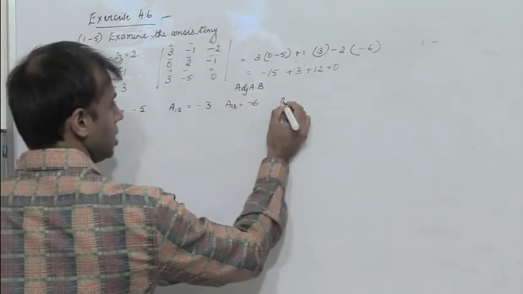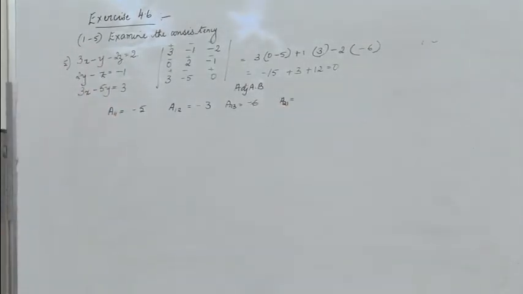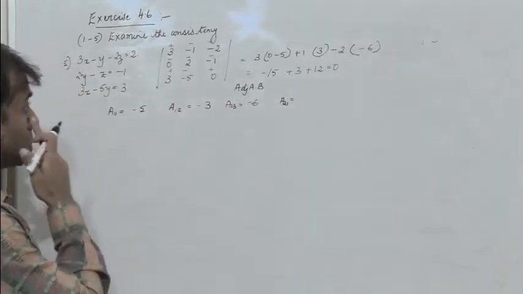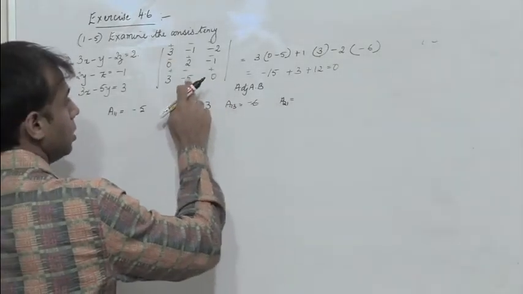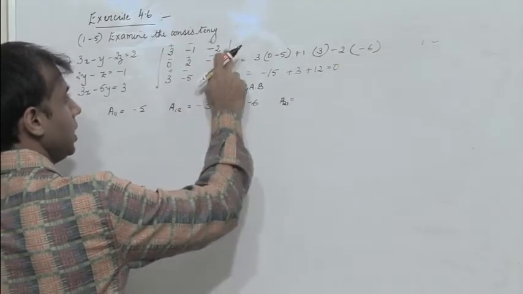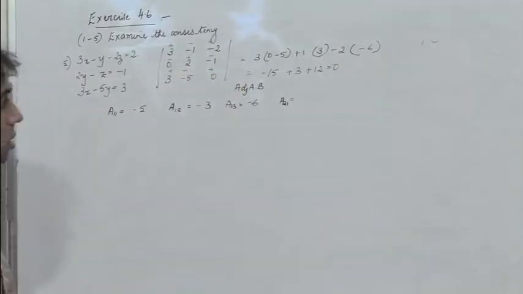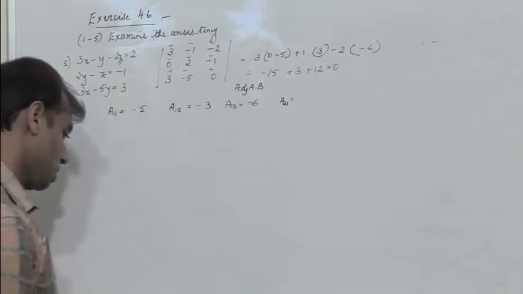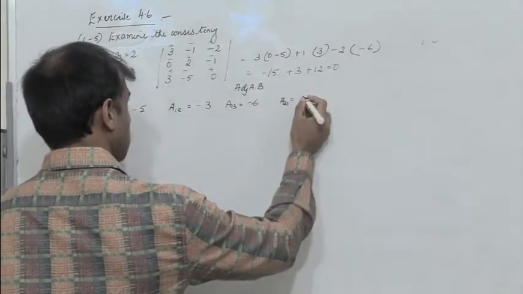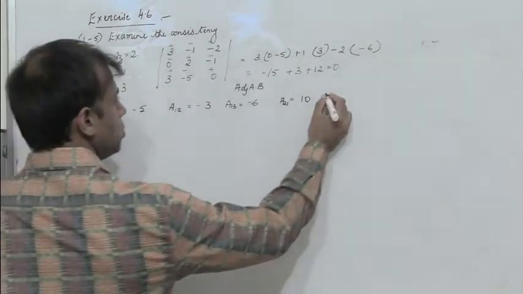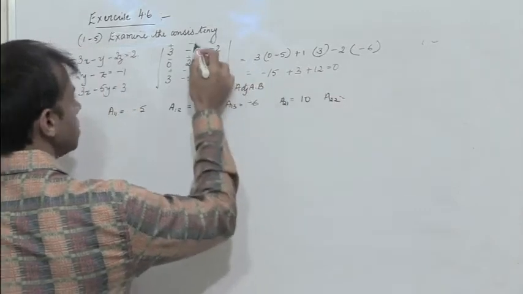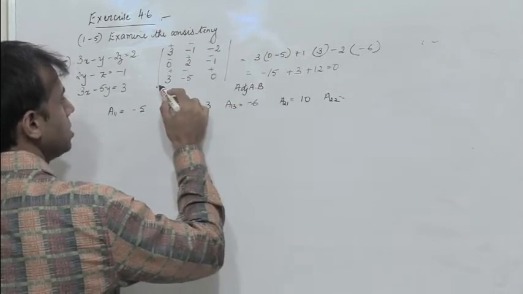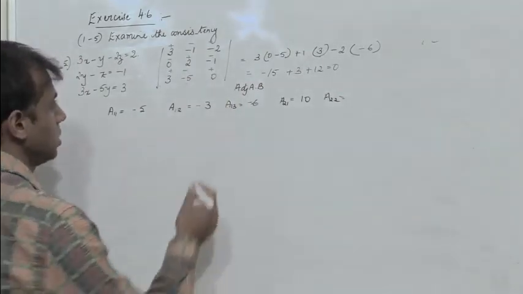Next we have A21. So what is A21? The first column and the second row, so I get 0. So I have minus of minus 5 into minus 2 is plus 10 with a negative sign, but I have a minus sign here again, right? So it becomes plus 10. Next A22 equals, leaving the second column and the second row I get 0, minus of 3 into minus 2, which is 6.